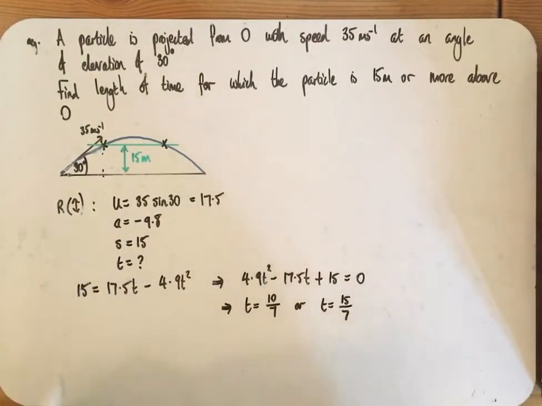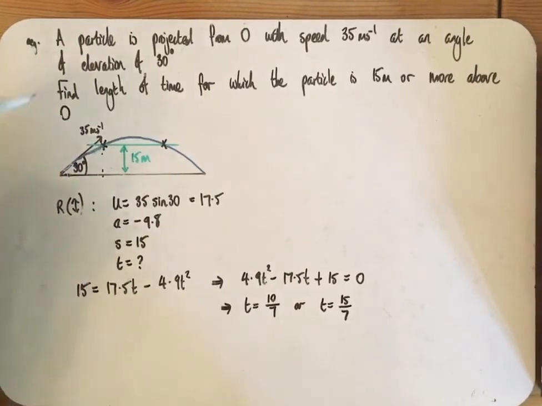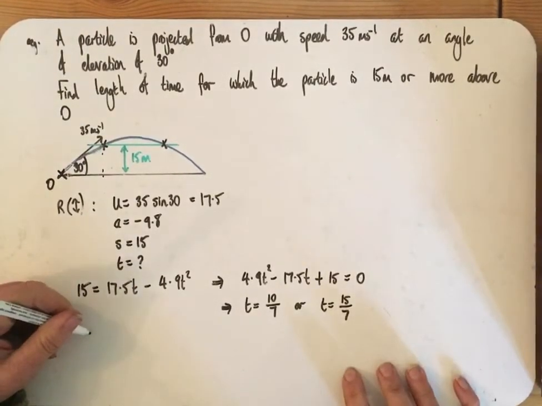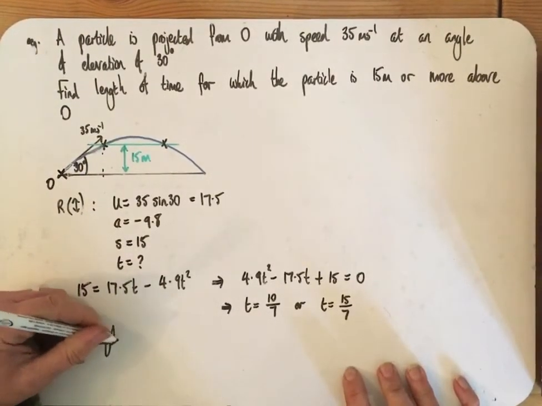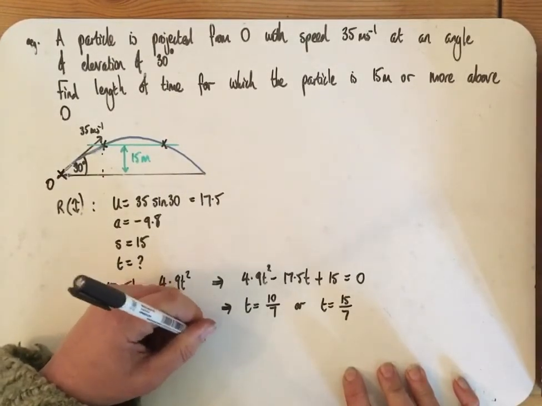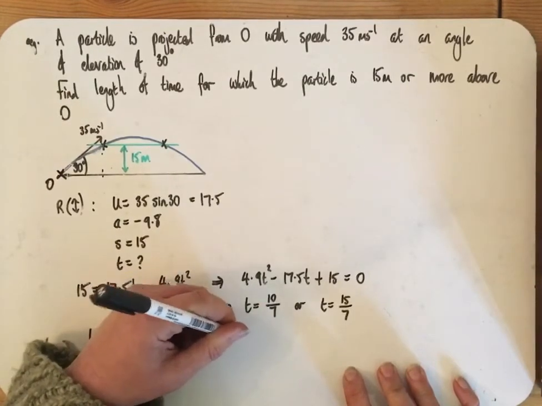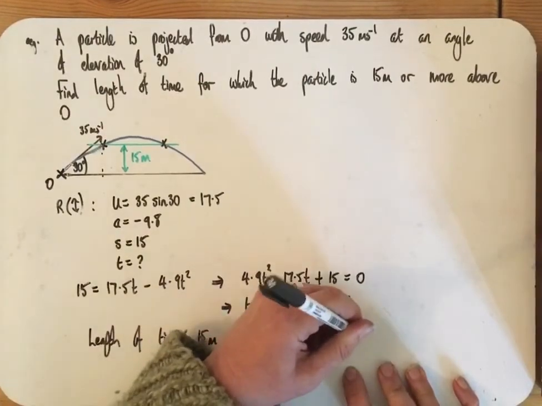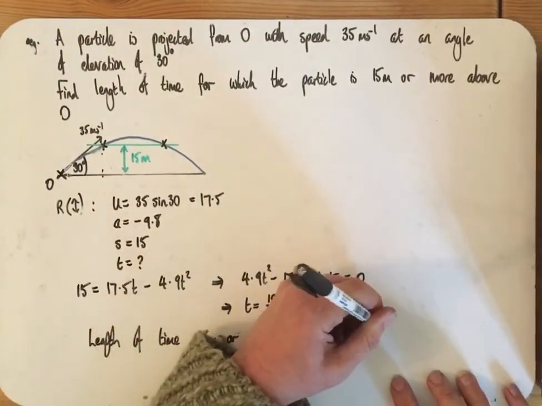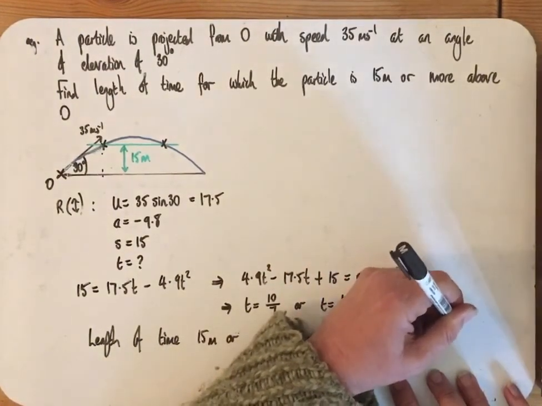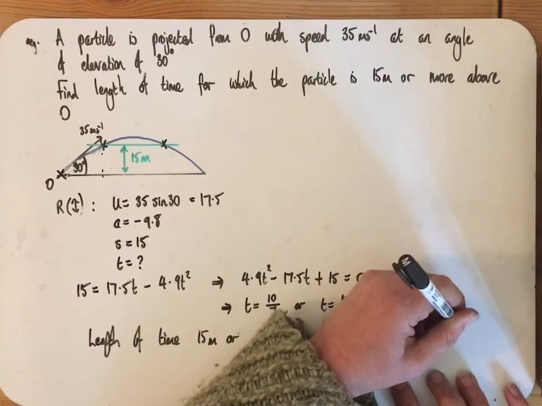And just make sure you're answering the question being asked. So we want the length of time that it is 15 metres or more above the origin. And so the length of time 15 metres or more above O is equal to 15 sevenths minus 10 sevenths, which is equal to 5 sevenths of a second.